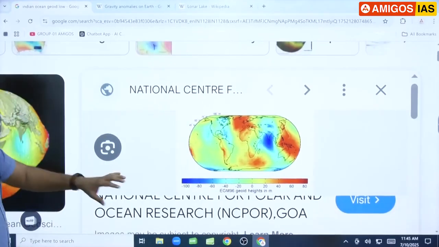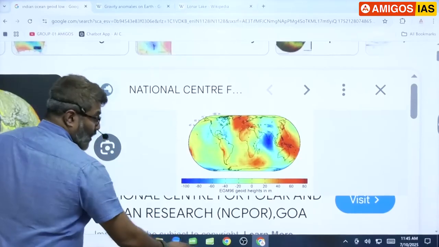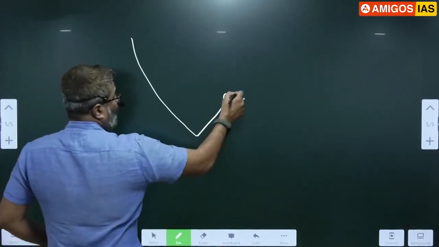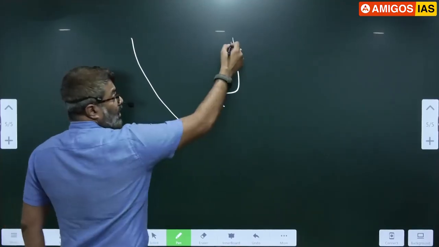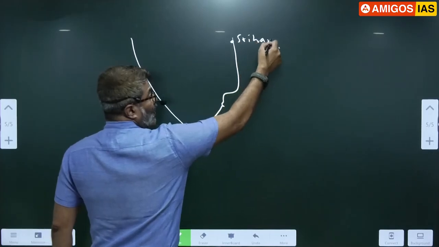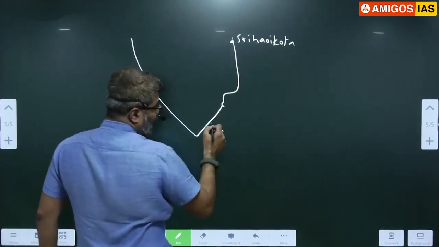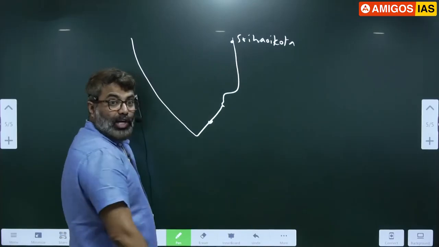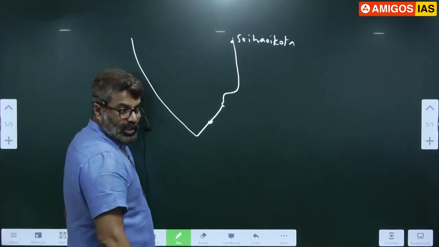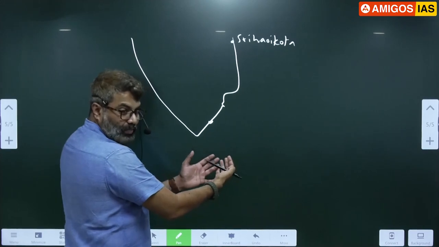So this is one of the reasons why ISRO is shifting its rocket launching station from Sriharikota to here, to Kulasekarapattinam, our new rocket launching station, which is close to the Indian Ocean geoidal low.